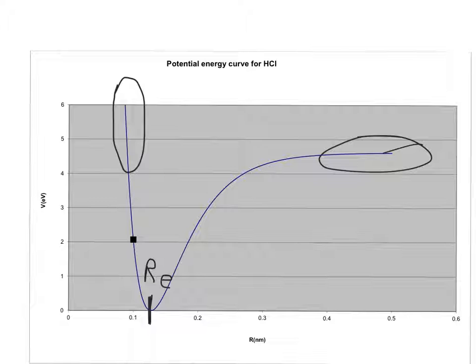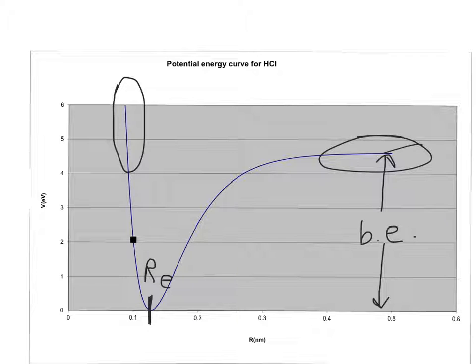We also characterize the bond by a bond energy, which is simply how much energy it takes to go from the stable molecule at R sub E to separated atoms. And that is on the diagram, that's this distance. So that's the bond energy. On this graph, the y-axis is in electron volts. The x-axis is the distance in nanometers.